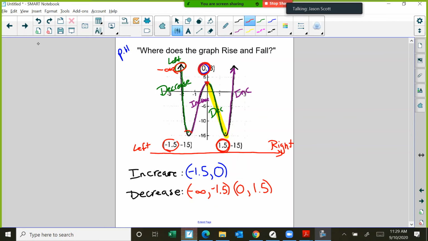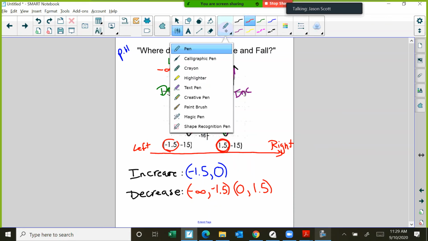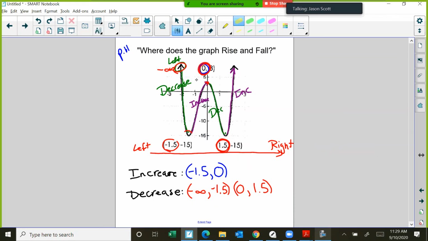All right, one more section to this graph. I'll get rid of the highlighted yellow because the next section that we're focused on starts down here at the bottom and it goes up. So it is an increasing interval. Our answer is going to fit in here in the increasing section of the answer. Remember that we are reading x values.